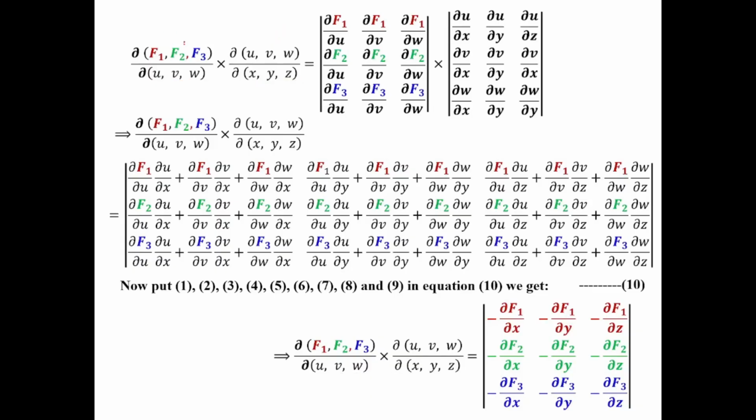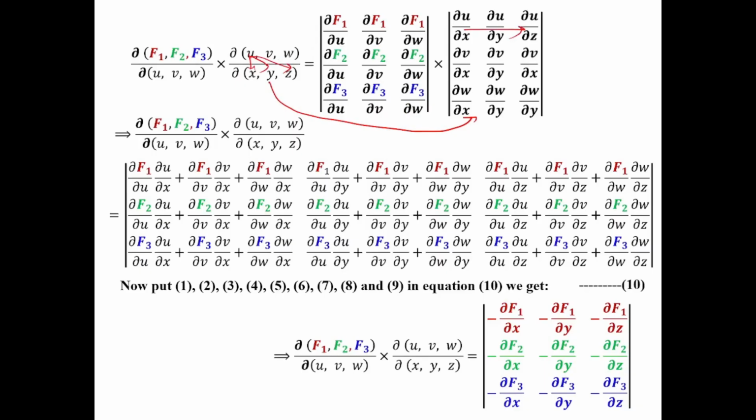What we have to write here? The determinant form of this one is del f1 by del u, del f1 by del v, del f1 by del w, del f2 by del u, del f2 by del v, del f2 by del w, del f3 by del u, del f3 by del v, del f3 by del w. And the determinant form of this one equals del u by del x, del u by del y, del u by del z.